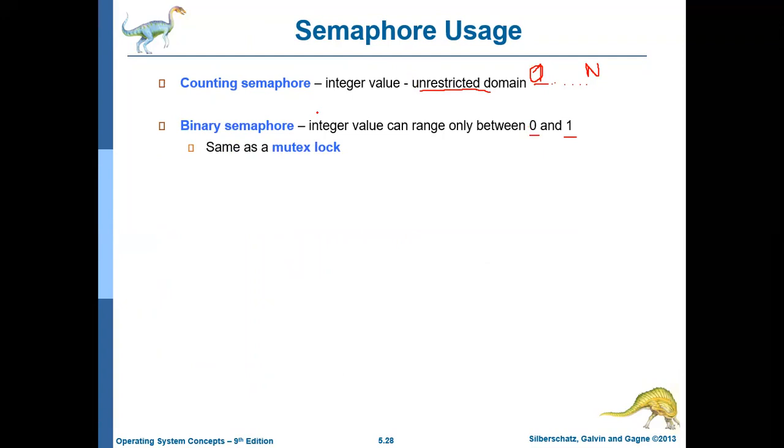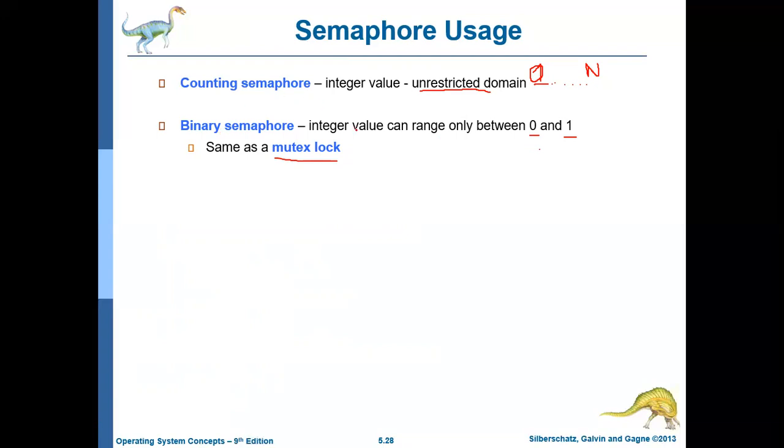The binary semaphore is similar to mutex lock. In your system, if the mutex lock feature is not available, then it can be implemented using binary semaphore. So there are two types of semaphores: binary semaphore and counting semaphore.